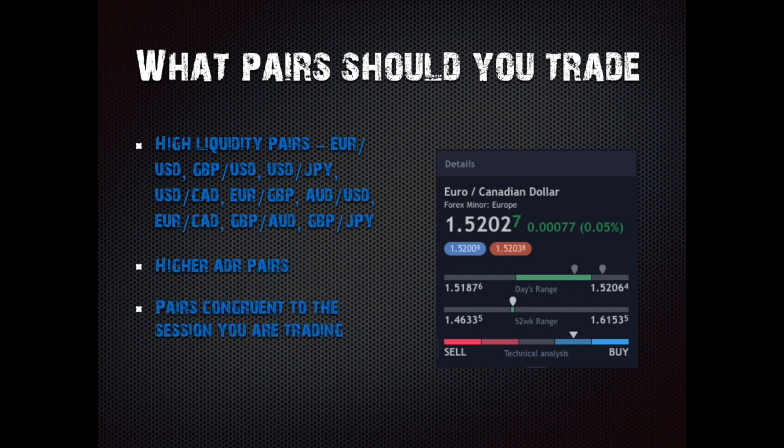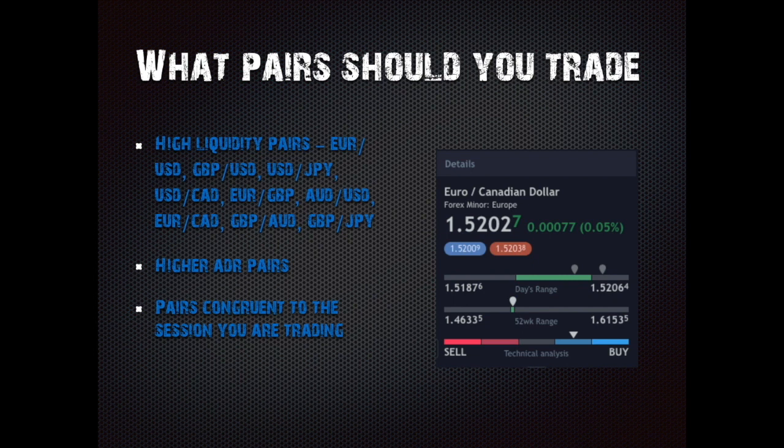And lastly, we want to make sure that you get pairs that are congruent to the session that you're trading. What I mean by that is, if you are trading the London session, you want to be trading pairs that move during the London session. That would mean you're trading Euro and Pound pairs.